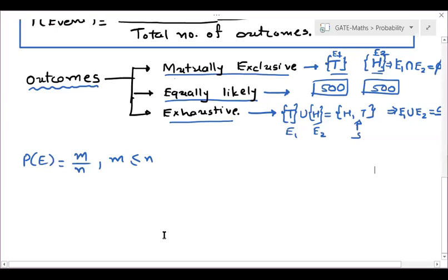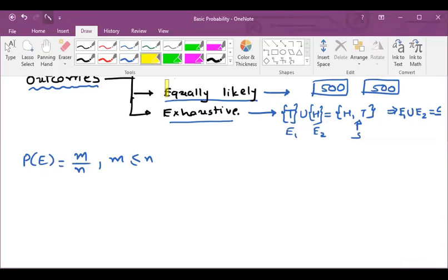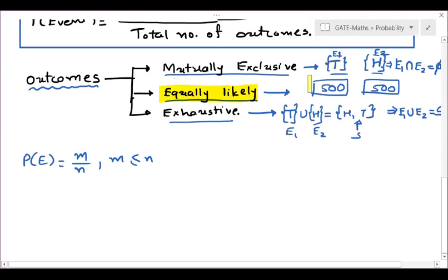Okay, equally likely. See over here, for equally likely, if I am tossing one coin 1000 times, tails should come 500 times and heads should come 500 times.